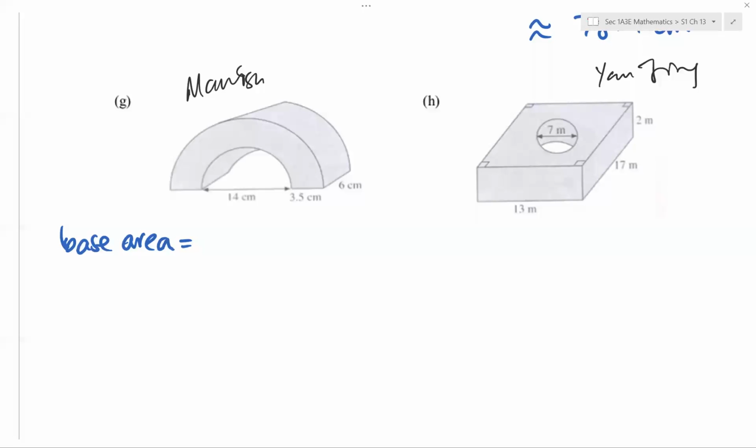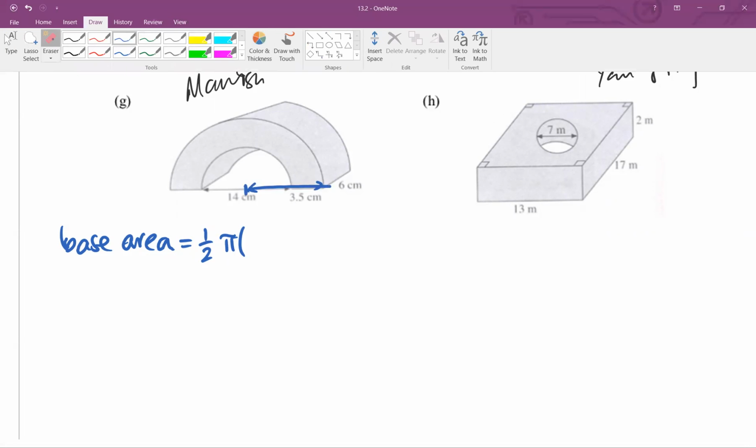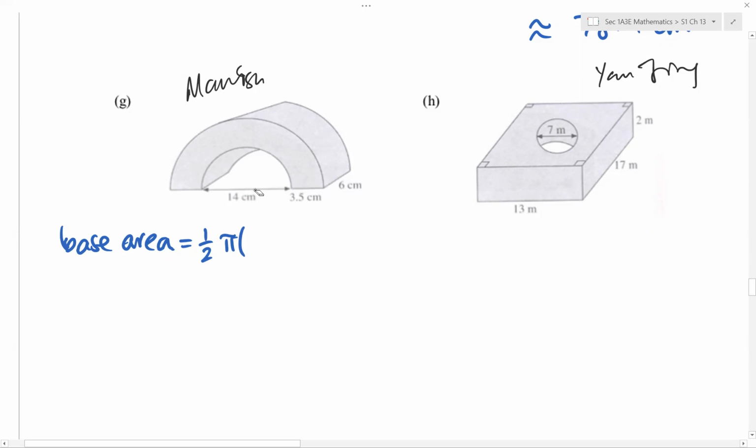We'll find the area of the big semicircle. Half times pi radius squared. What is the big semicircle radius? From here to here. So that gives us a total of 3.5 plus 7.